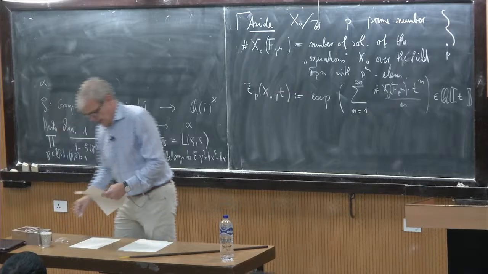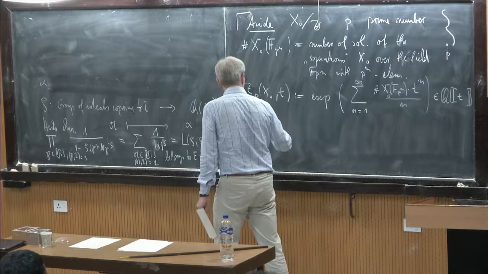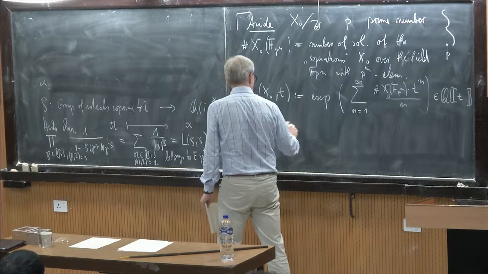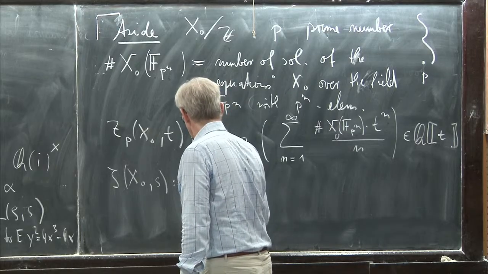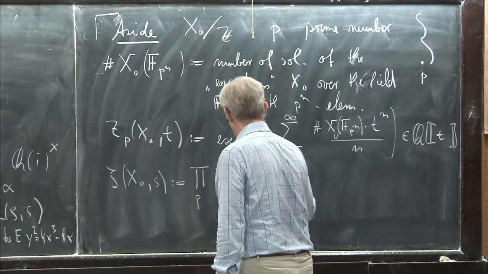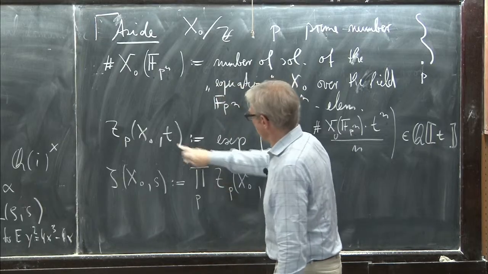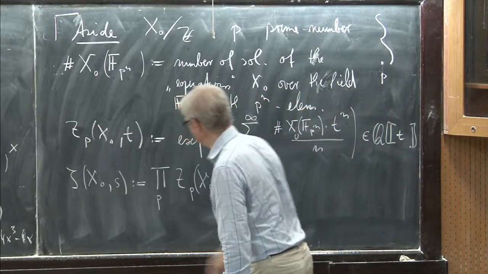Okay. And now we do the following. We define the zeta function of X_0 as follows. This is the product over all these local informations of X_0. But now I get rid of this general parameter and introduce this complex parameter s.